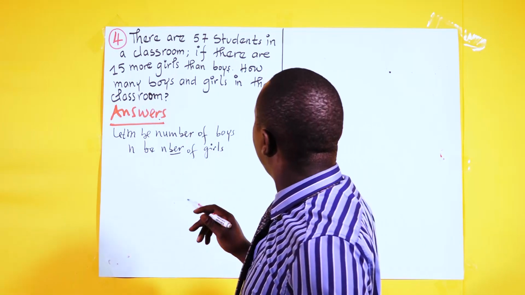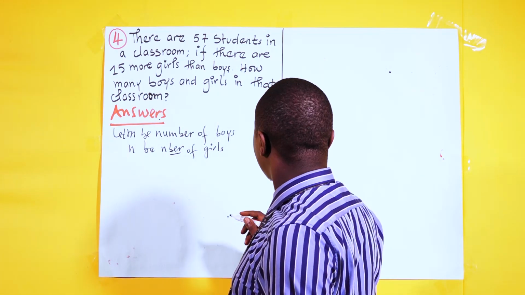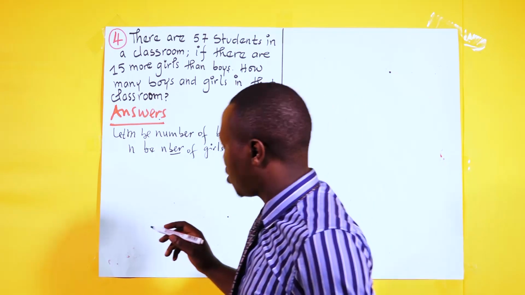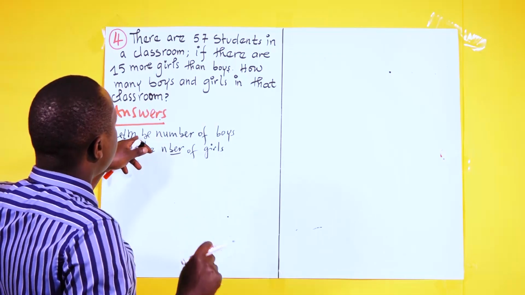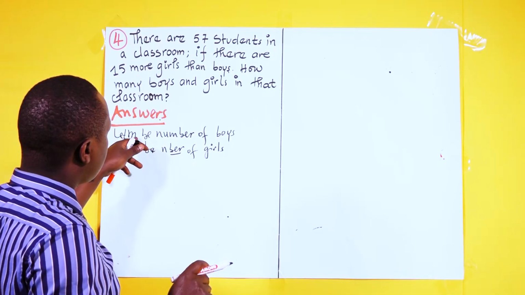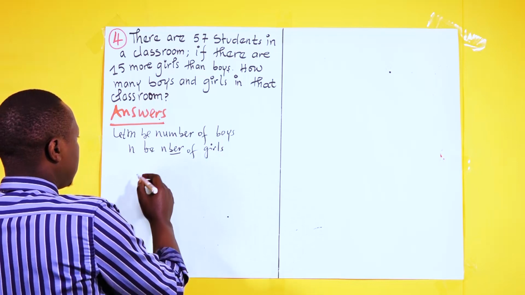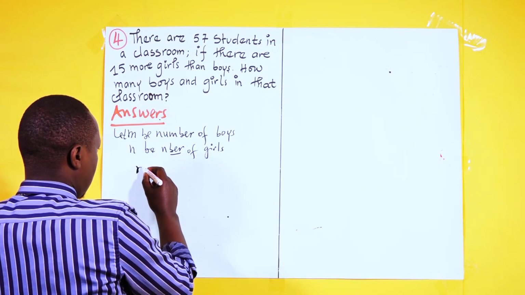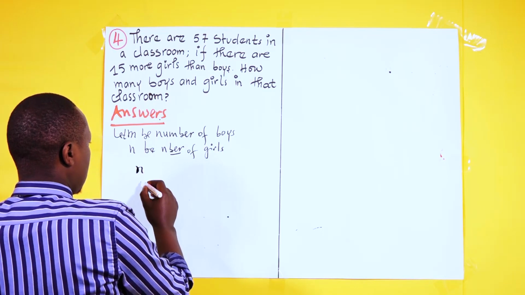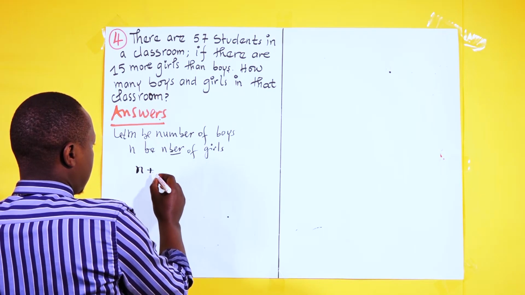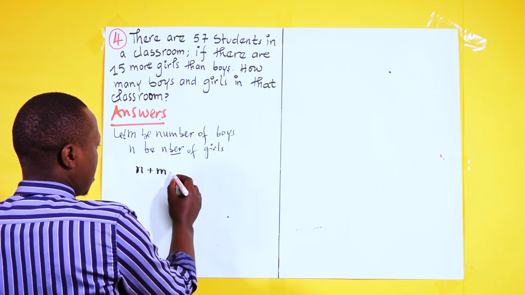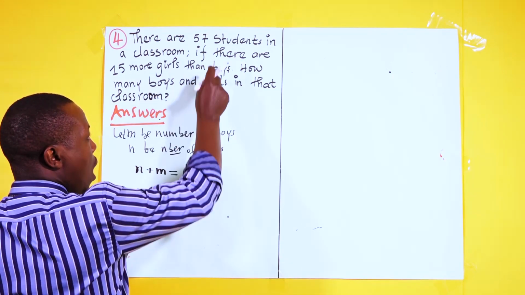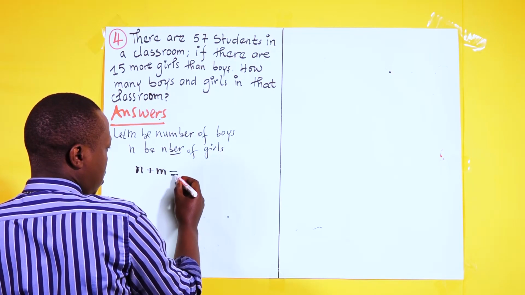And then we are going to set a system of simultaneous equations in this way. When you take n, number of girls, plus number of boys, we have started from girls because they are more than boys, right?